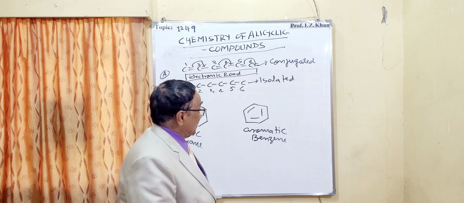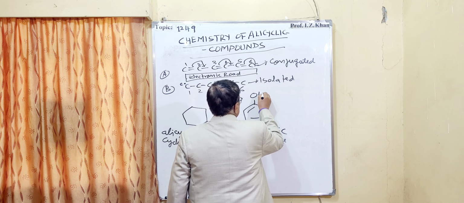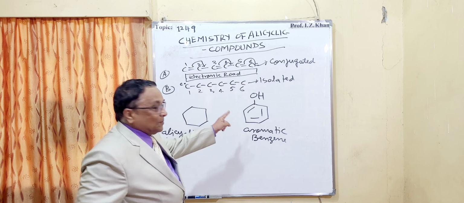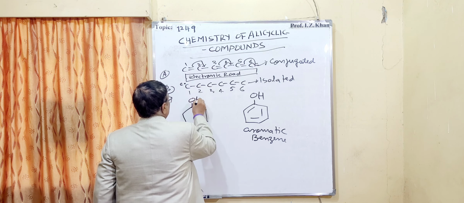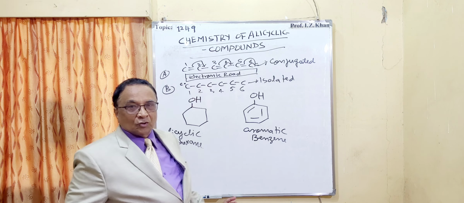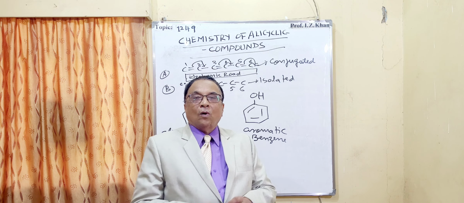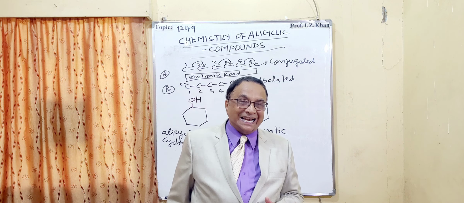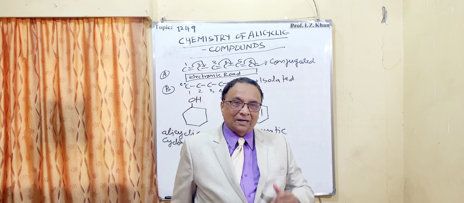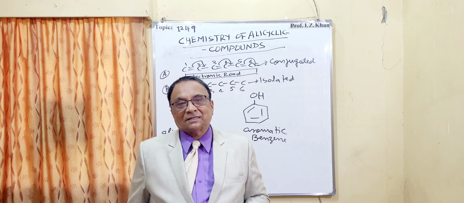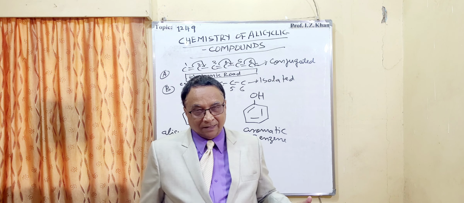So in that case, for example, if any hydroxy group is attached, the same hydroxy group is attached in an aliphatic cycle. Hydroxy group, functional group is same. The only difference is that one hydroxy group is linked to aliphatic carbon, aliphatic cycle, and the other one is linked to aromatic ring.